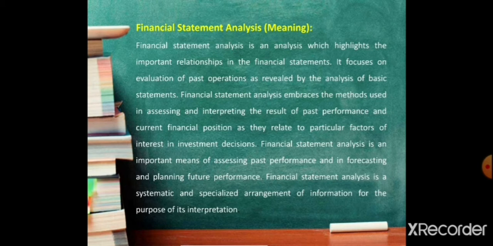On the basis of this percentage, we can conclude whether the gross profit earned by the firm is reasonable, sufficient, or heavy. Thus, the relationship between two figures expressed mathematically is called ratio analysis or financial statement analysis.